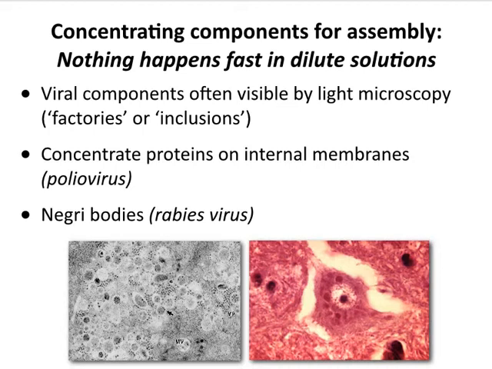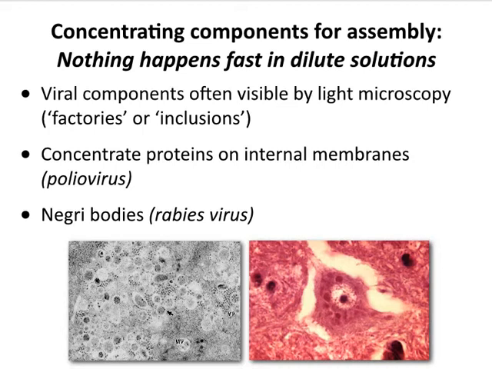An example of a viral factory or inclusion is shown in the micrograph on the lower right. This is a neuron infected with rabies virus. And these infected cells have very typical inclusion bodies. They have a name. They're called Negri bodies. So pathologists years ago used to look at infected cells and they would see these inclusions, and they were characteristic for different viruses.